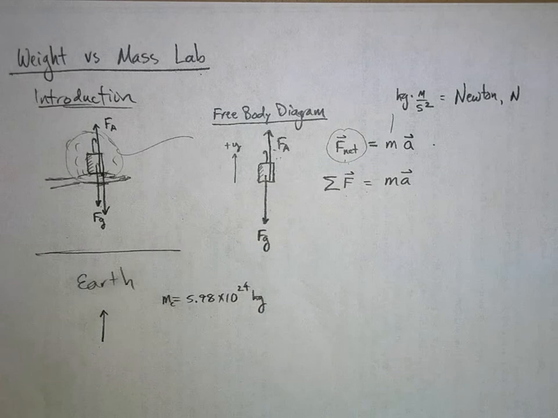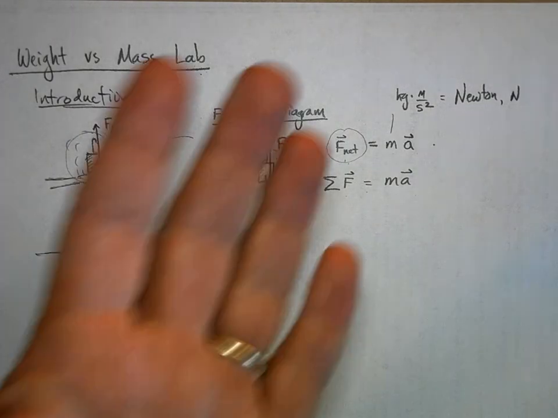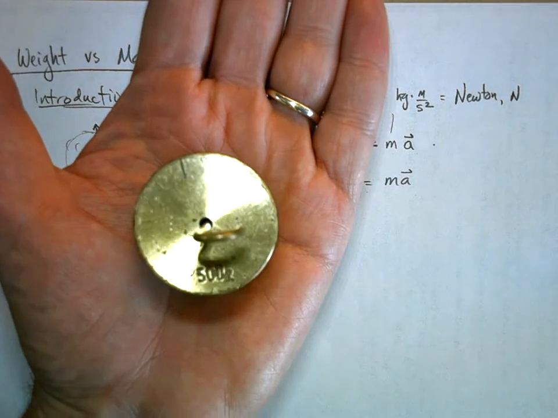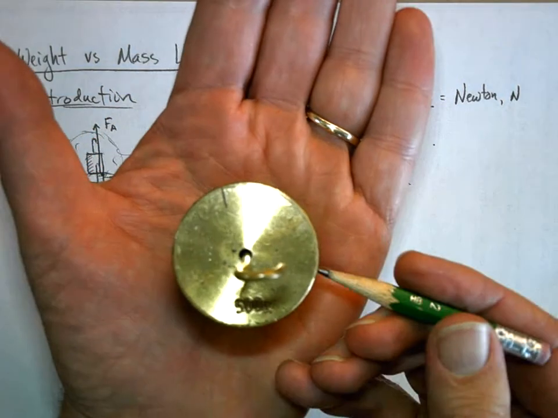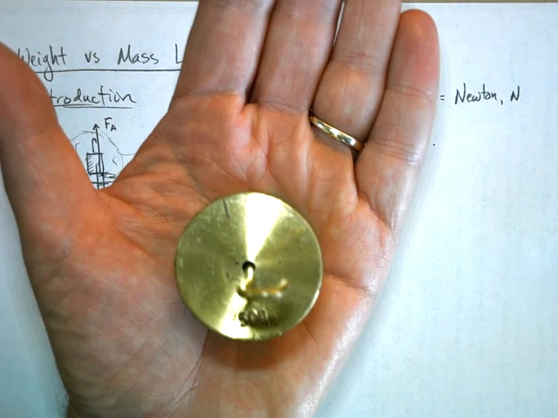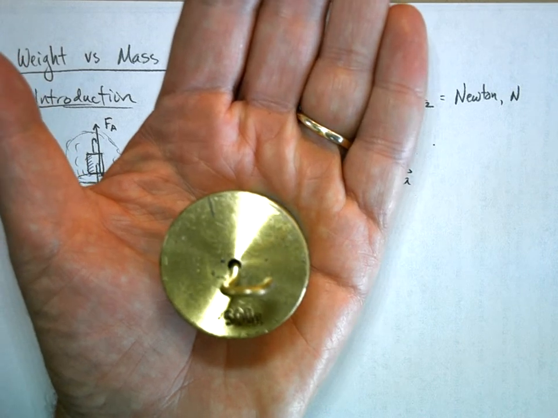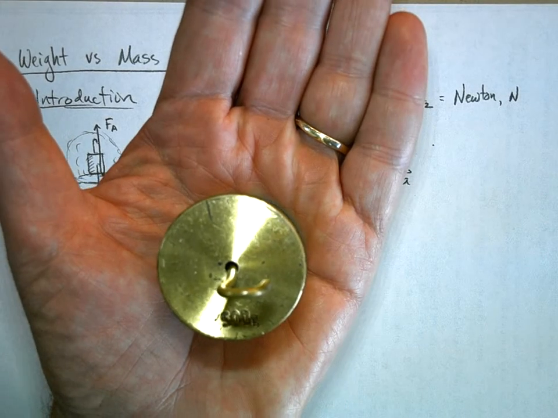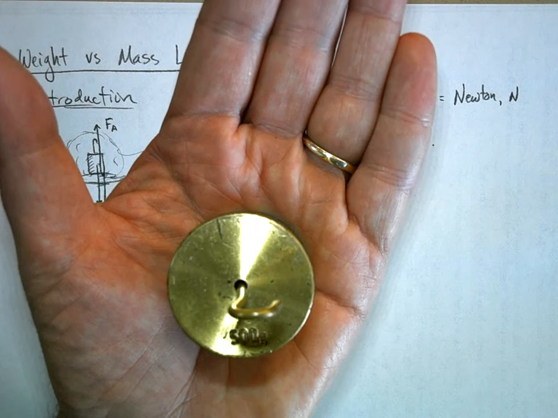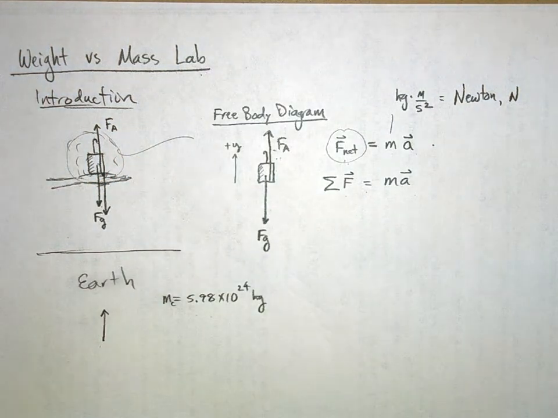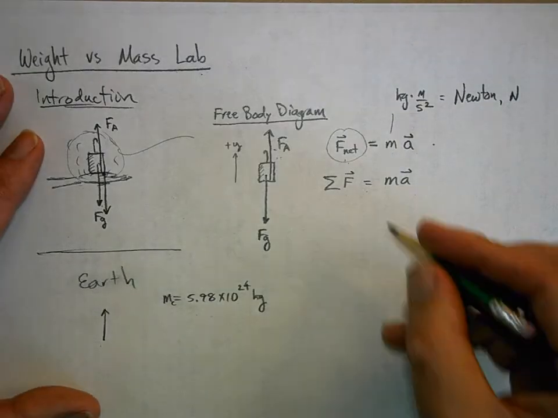Now here's the point of this. Now please listen. If I'm just holding this mass in my hand, is this mass accelerating? Look at it. No. It's at rest and it's remaining at rest. There is no acceleration. And so the acceleration is 0.